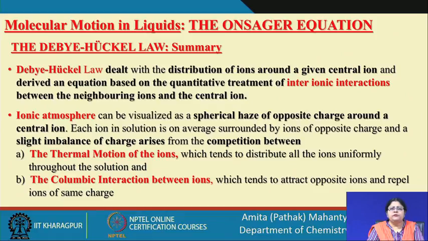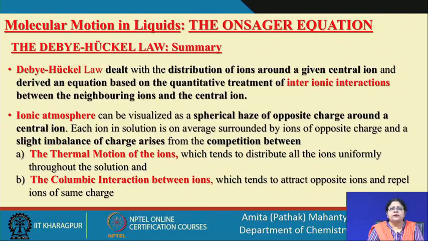But there is another force acting in an electrolyte solution: the Coulombic interaction between the ions. If you have oppositely charged ions, you experience attraction. If you have similar charges, you have repulsion. So, what can cause a disturbance of the spherical haze around the central ion?